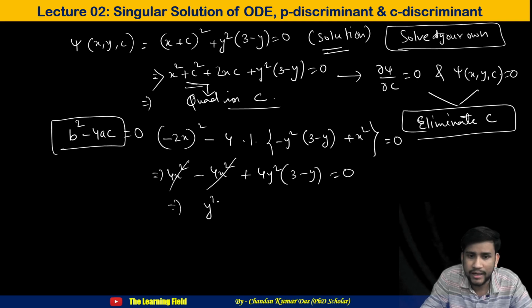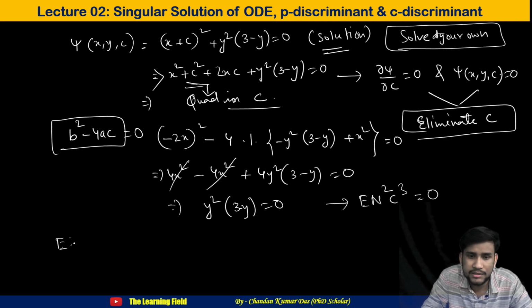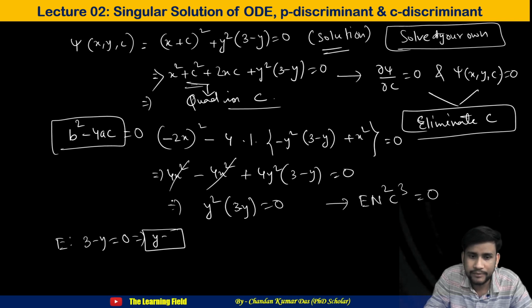This means we get y square into 3 minus y equal to 0, and we compare this with E N square C cube equal to 0. E means 3 minus y equal to 0, so solving for y, we get y equal to 0, y equal to 3.